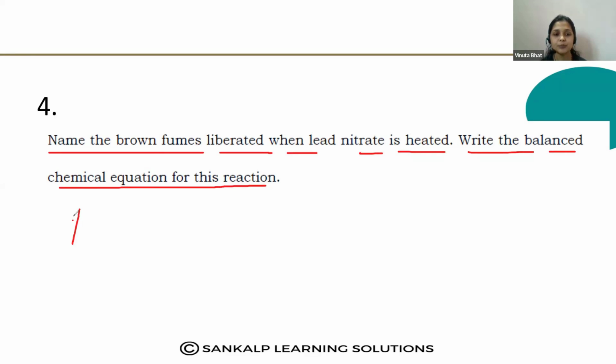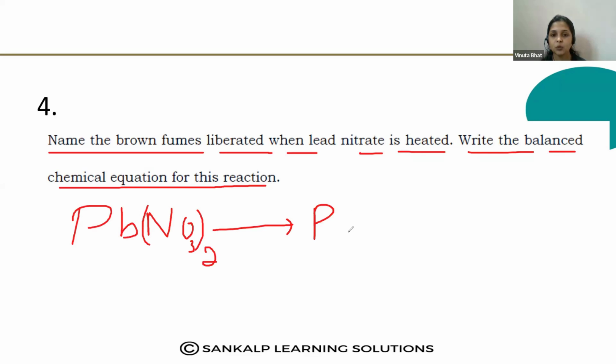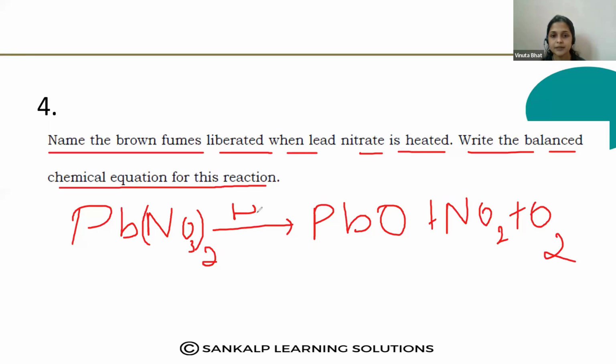So when PbNO3 twice is heated, it forms PbO, lead oxide, plus NO2 plus O2. The brown fumes that are formed are NO2.